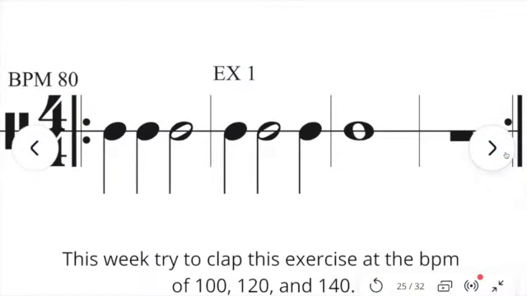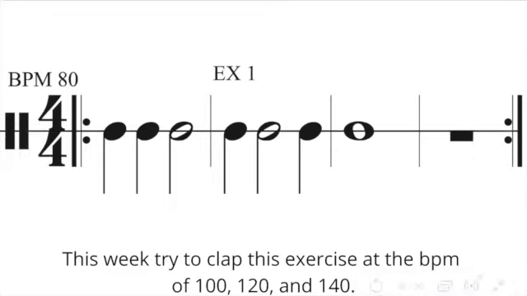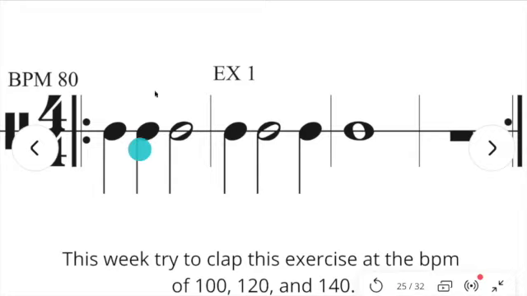So here's an example with our BPM and with our repeat signs. The BPM of 80, if I clicked it out, it would be somewhere around here. 1, 2, 3, 4. 1, 2, 3, 4. 1, 2, 3, 4.